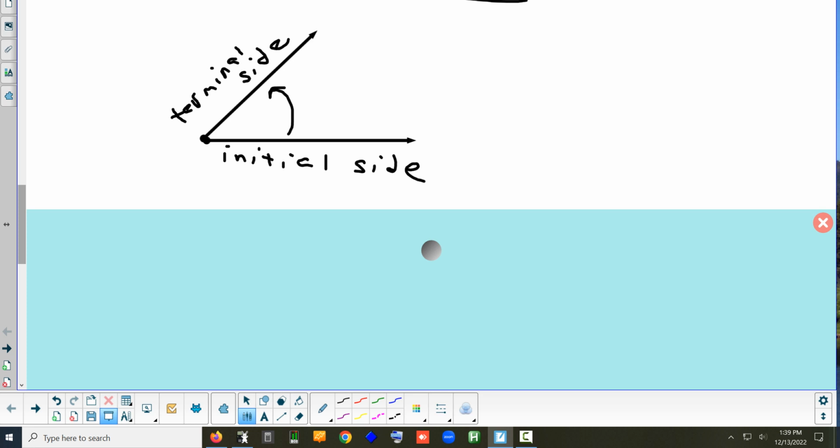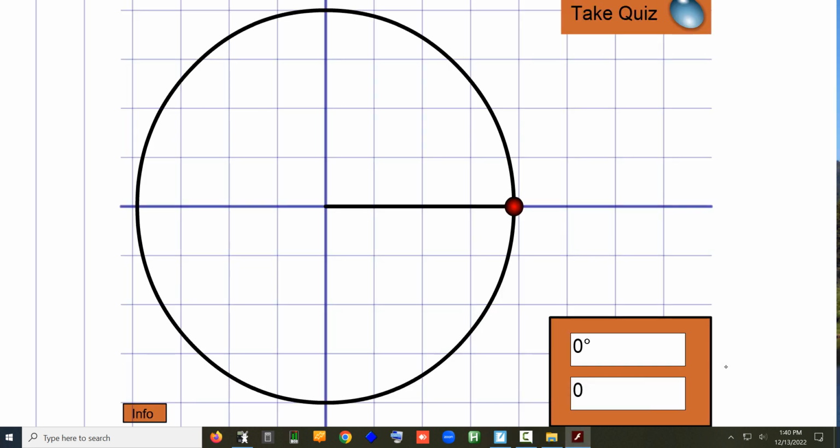Now, when we talk about measuring an angle, there's two ways we can rotate. Clockwise and counterclockwise. And depending on which way we rotate is going to control what kind of number you get. So, let me show you. Right, so here's a diagram that lets me draw different angles. It lets me put the terminal side wherever I want, but I can't move the initial side.